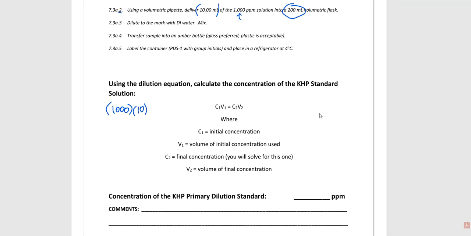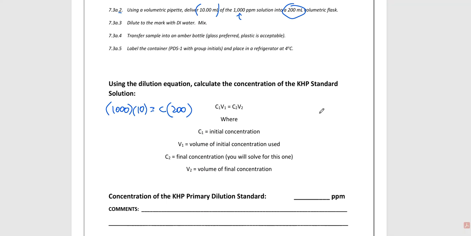So I've got 10 mL of that stuff, and I'm trying to calculate the new concentration if I prepare 200 milliliters of that standard. So there's my setup. That's what C2 represents, the concentration that it ends up being, your final one. And then V2 is the final volume that you have prepared, and it's 200 in this case.